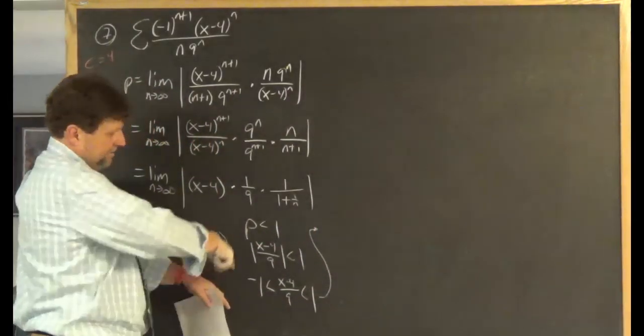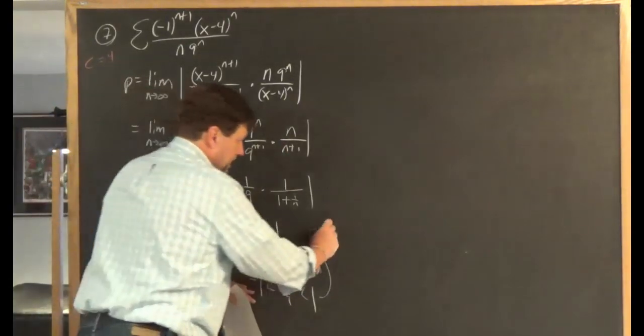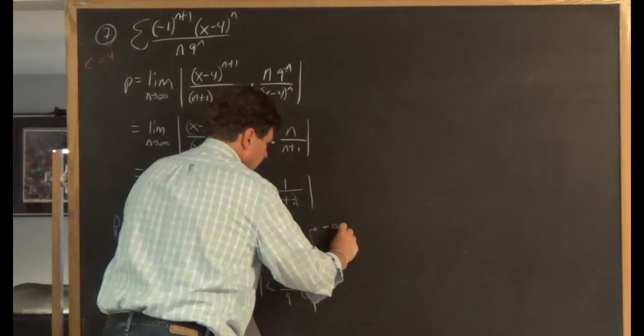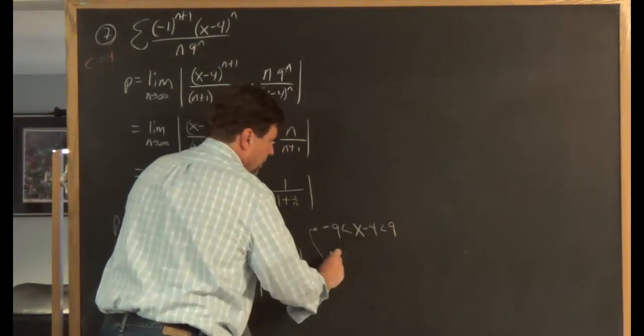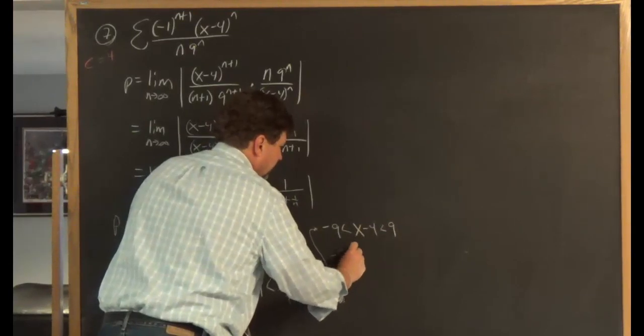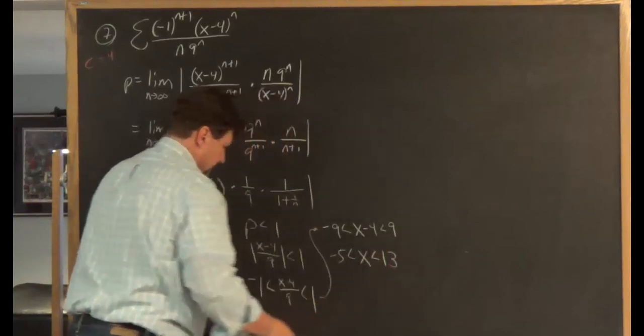Sorry to keep tagging this along. Multiply everything by 9. So we have a -9 less than x minus 4 less than 9. And add 4 to everything. -5 less than x less than 13.